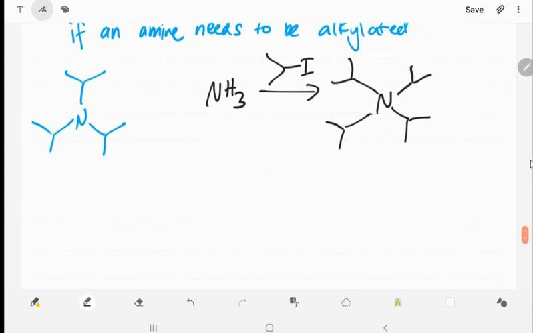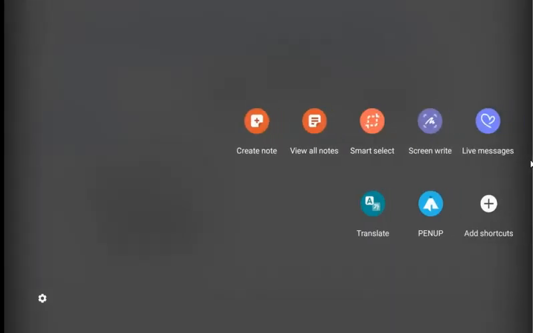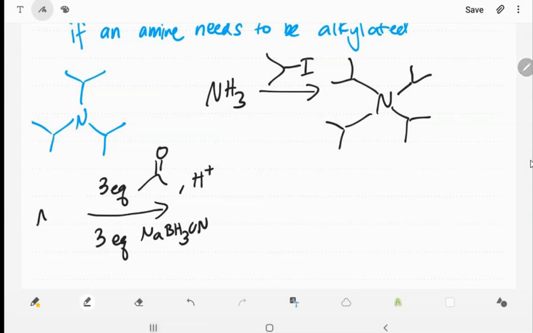But what we can do is use acetone, have it condensed with a little bit of H+, and then our reductive amination reducing agent, and we'll end up making our... I guess I should just fix the arrow. And you'll end up getting your product of interest.